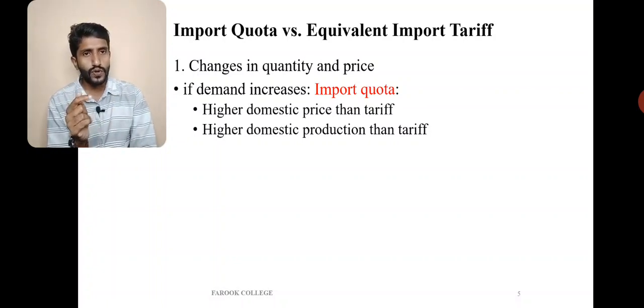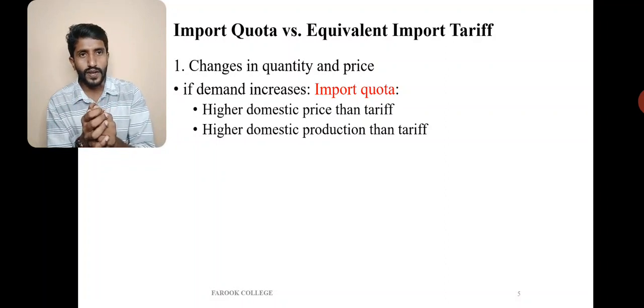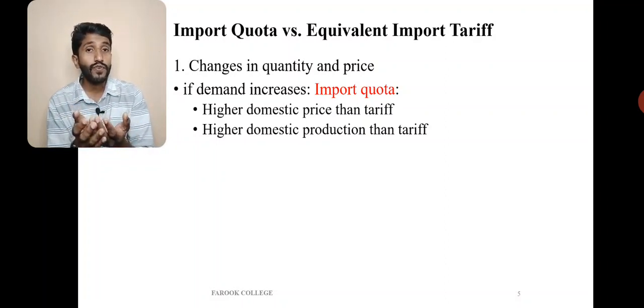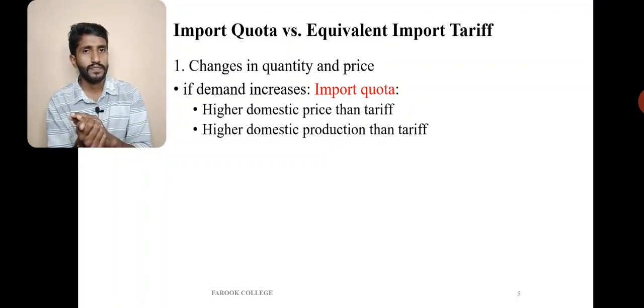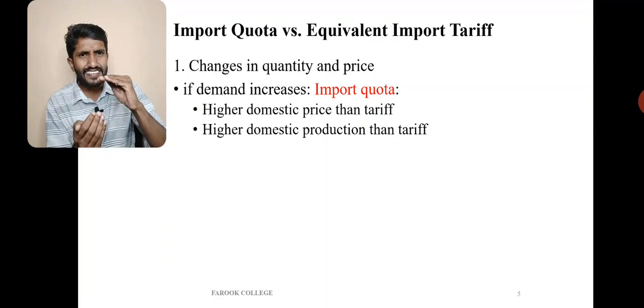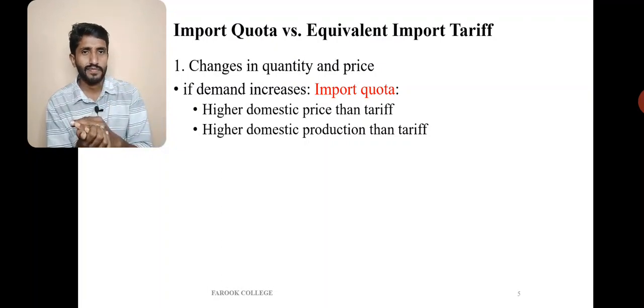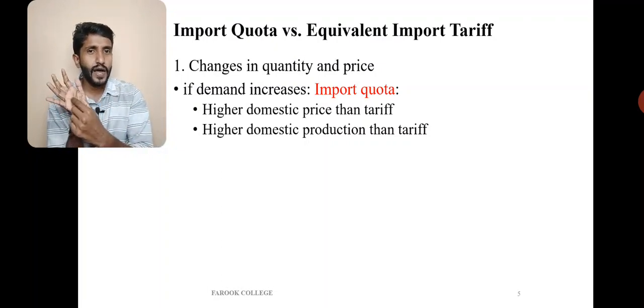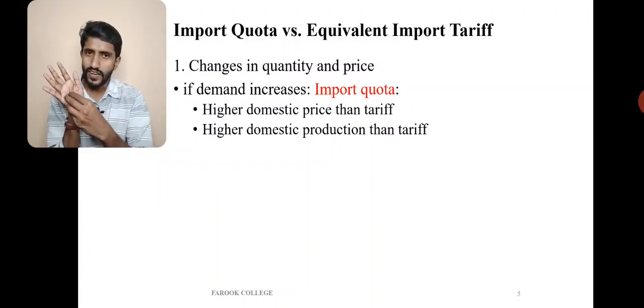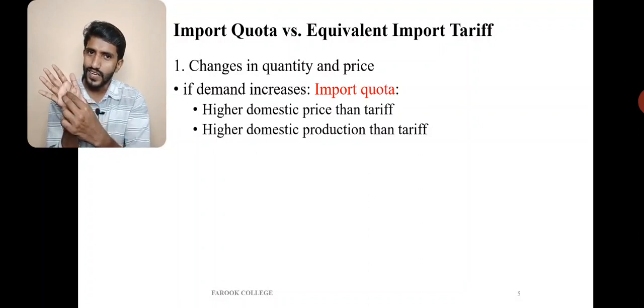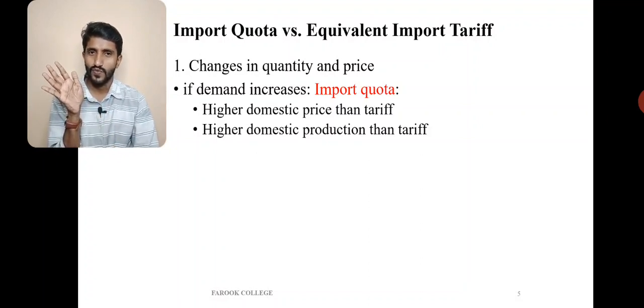Okay, so in the import quota, suppose we are importing some goods from abroad, and we are restricting the limit up to 10,000 TVs, not beyond that. Because we are restricting to 10,000 TVs, we can't import more.